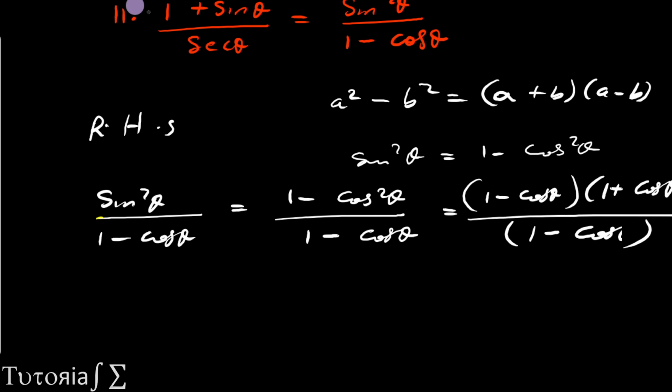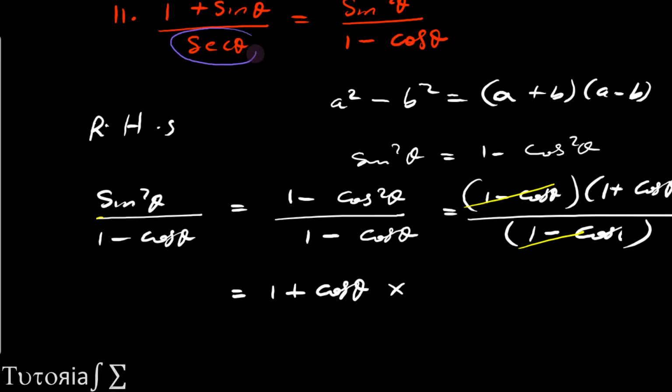Okay, so like that. Then this and that will cancel and we will remain with 1 plus cos theta.